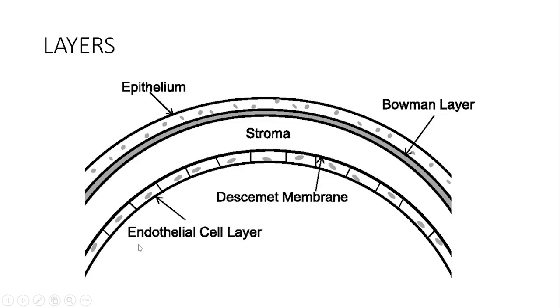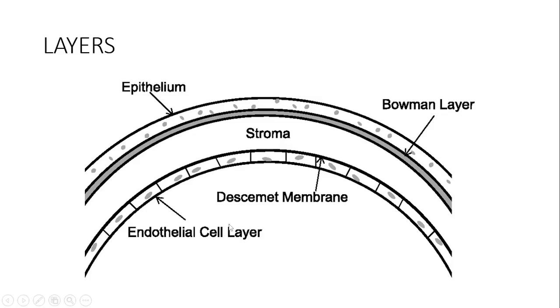The space which is left because endothelial cells are lost, the neighboring endothelial cells enlarge to occupy. This process through which neighboring endothelial cells enlarge to occupy the space left by dead ones, we call sliding. It is called what? Sliding.